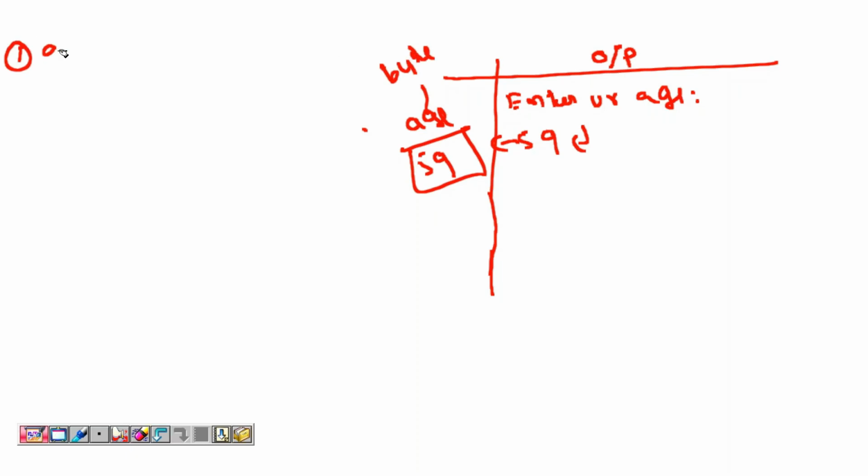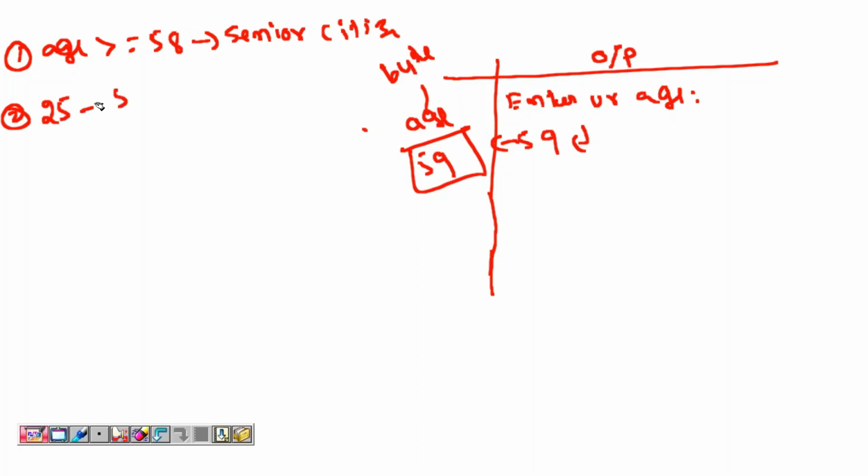If age is greater than or equal to 58, he is a senior citizen. If age is between 25 and 57, working citizen.